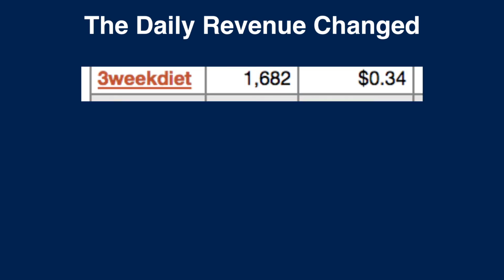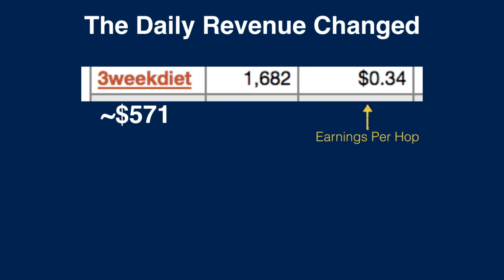As you see, before I was doing about $571 a day from this particular campaign. I was spending $350 a day, and I was making $571 a day from it, and that's earnings per hop, by the way. That's basically how much I'm making from every click that I'm sending from my website to the sales page of the product, and 1,682 is the number of clicks that I got.